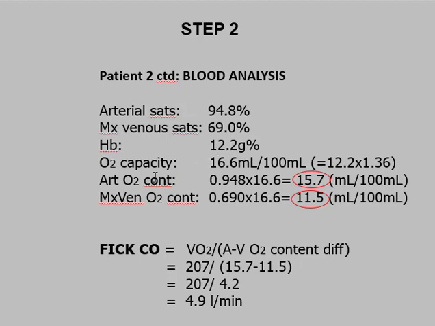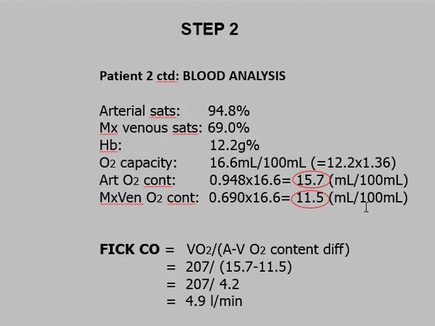Everything's straightforward. Now, the arterial oxygen content, we take that percentage, express it as a fraction, 0.948 times 16.6 to give us 15.7. Similarly, for the pulmonary artery blood, we take 69, express it as a fraction, 0.69, multiplied by the oxygen carrying capacity, 16.6, to give us 11.5.